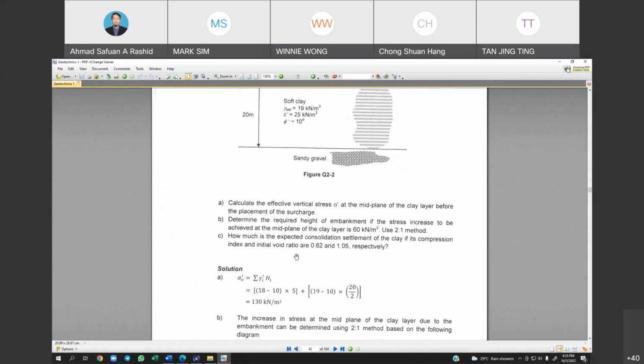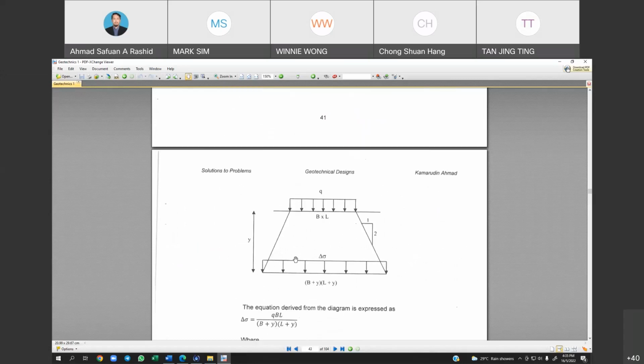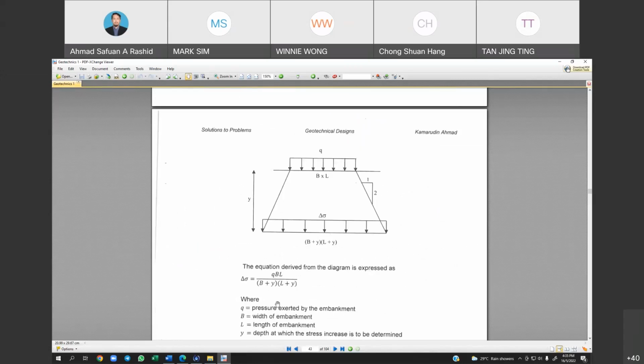So this is the formula for the 2 to 1 method.